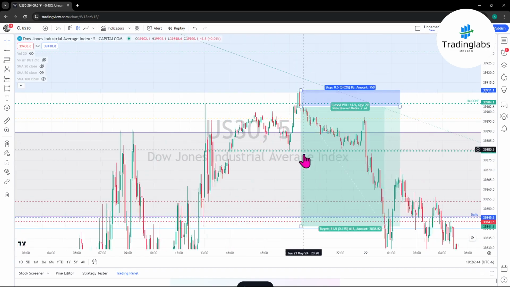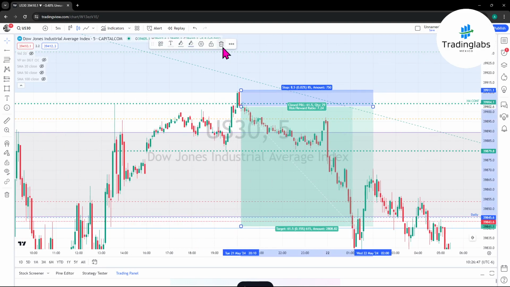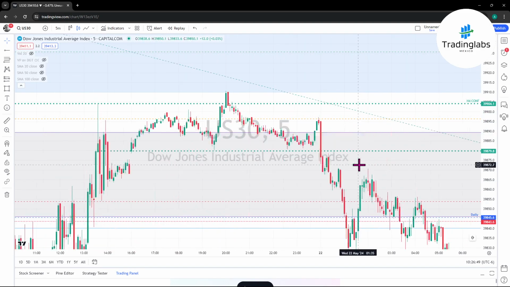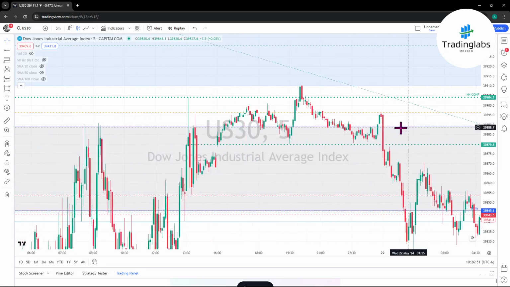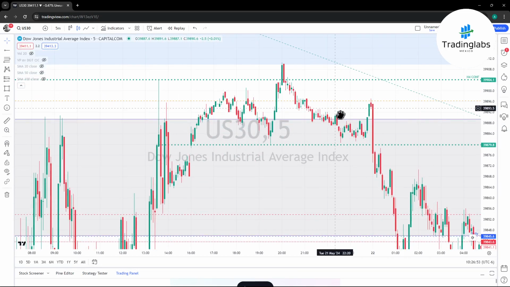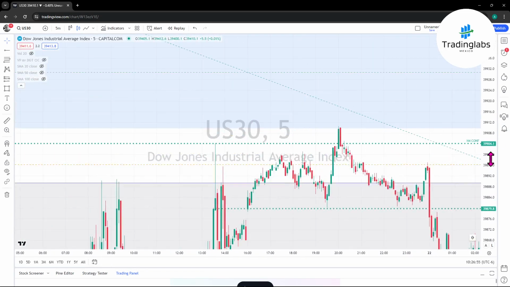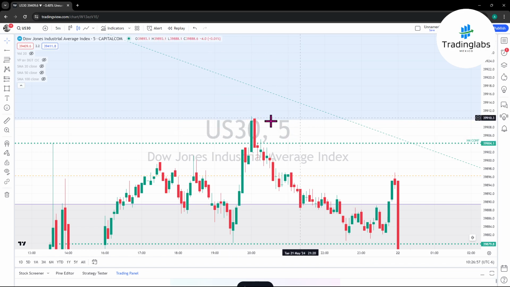That's what I do. So do you look for confirmation in the 5-minute candle? No. You will see the red here. We are going up. On the 5-minute candle we have an almost engulfing candle right on resistance.